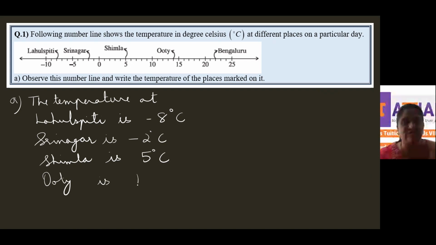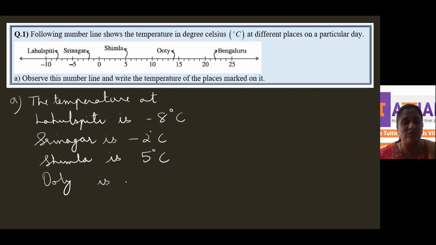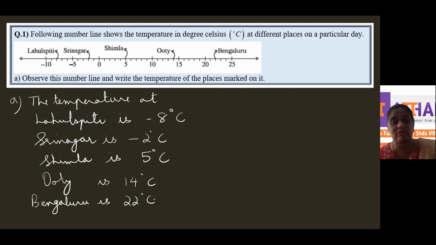Ooty is plus 15 or 14? 14 degrees Celsius. And last one, Anirudh? Bengaluru is 22 degrees Celsius. Very good.